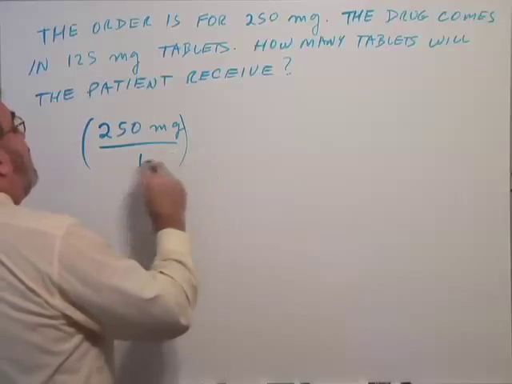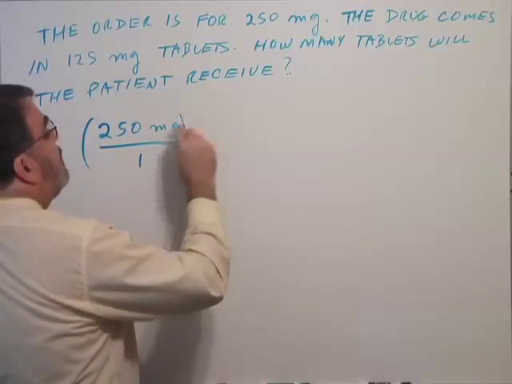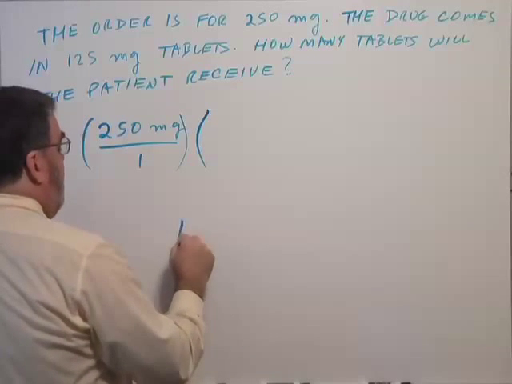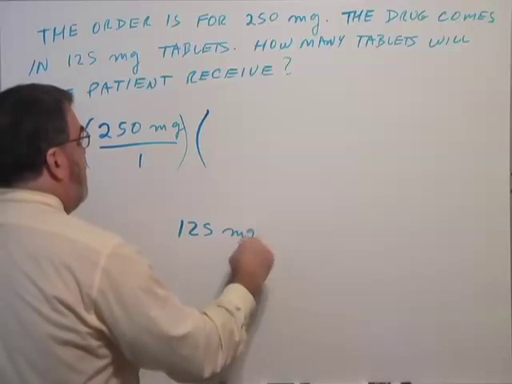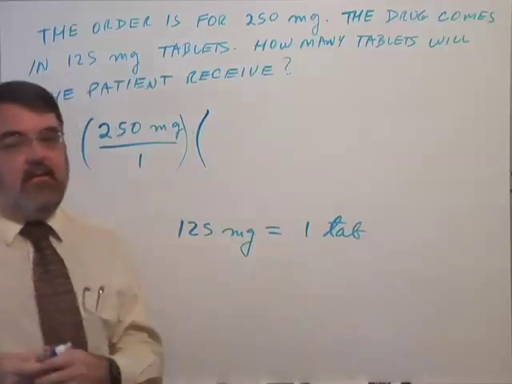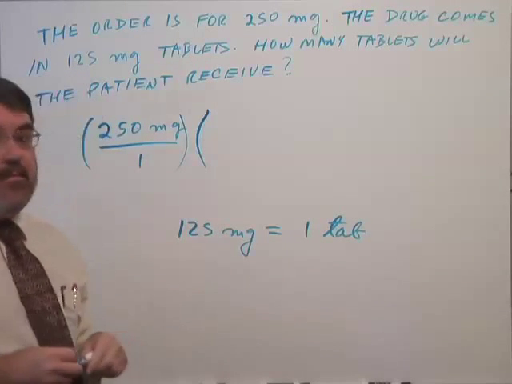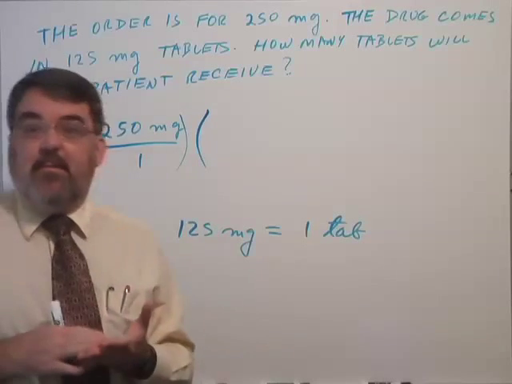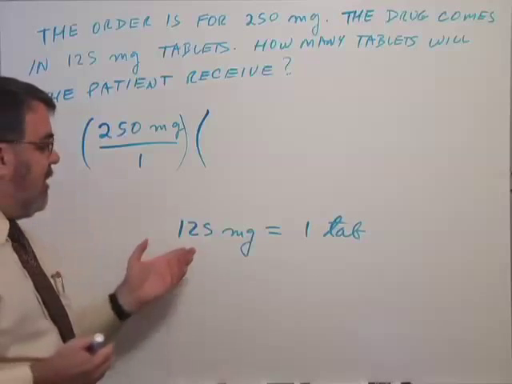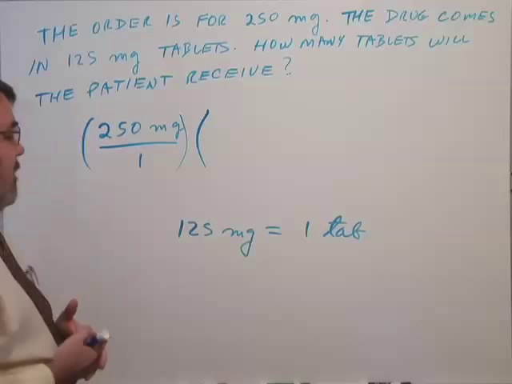So the drug concentration comes next after the prescribed dose, and notice that we have 125 milligrams equals 1 tablet, and we normally abbreviate tablet, TAB. This is actually a conversion, similar to 60 milligrams equals 1 grain, or 1,000 milligrams equals 1 gram. It's a conversion, but it's given to you in relation to this particular drug.